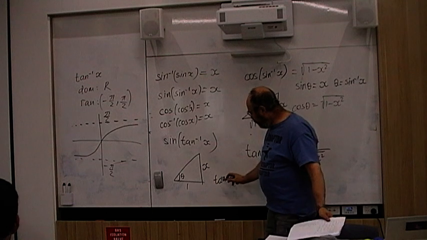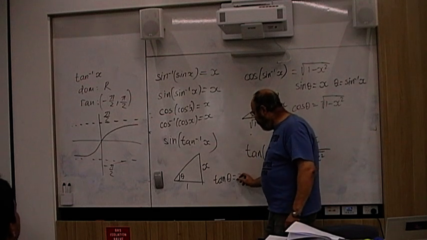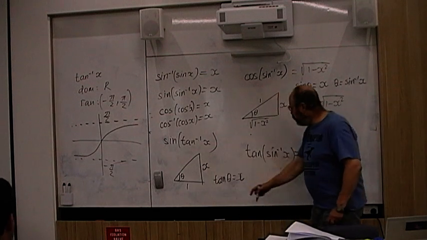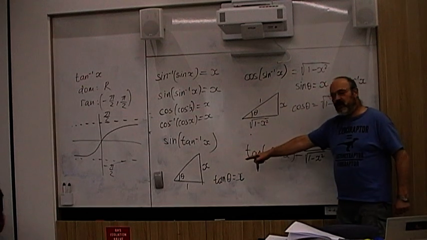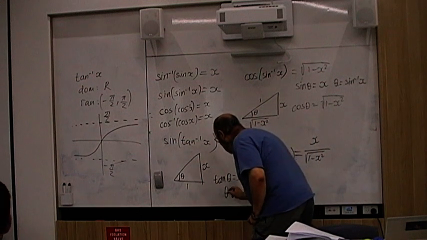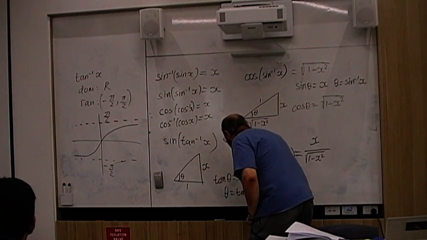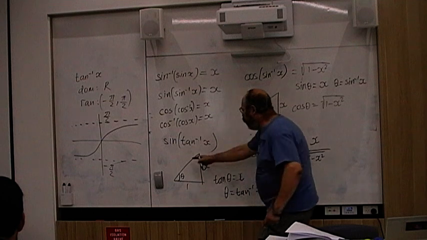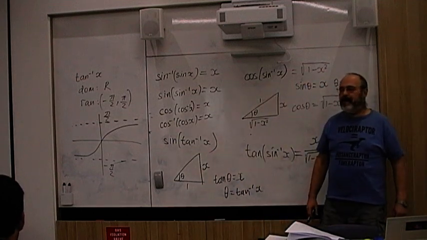We want tan theta equals x. That's why I position x and 1 differently, because I want theta to equal tan inverse of x.